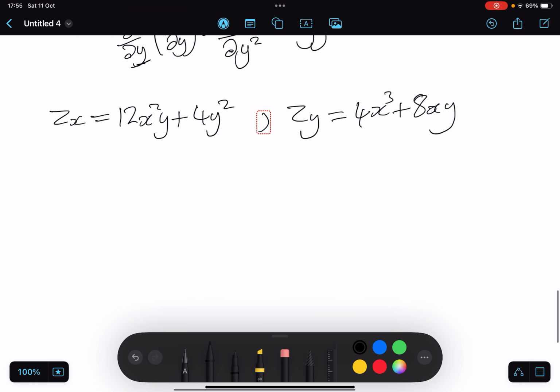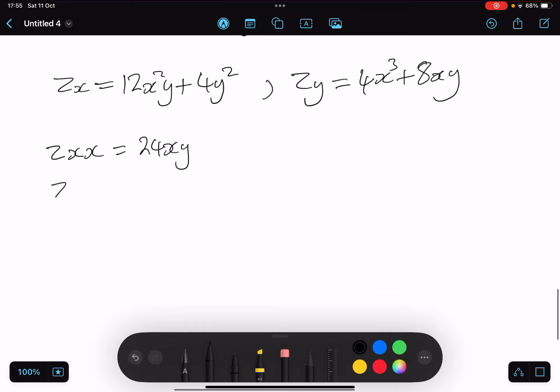We differentiated this to get zxx, which was 24xy. And then zxy, the second derivative, was 12x squared plus 8y.